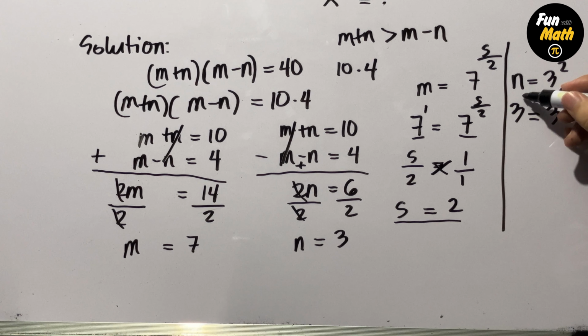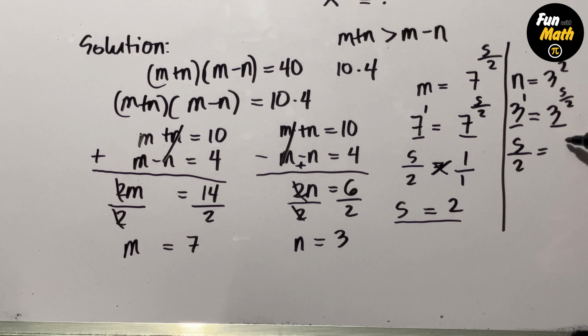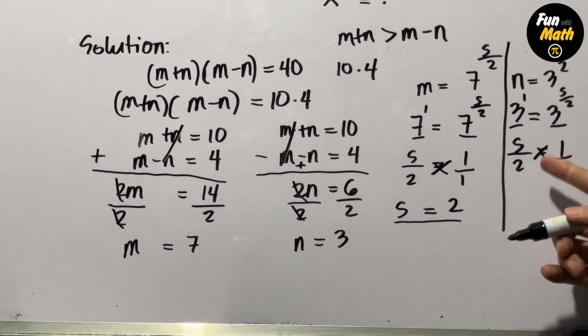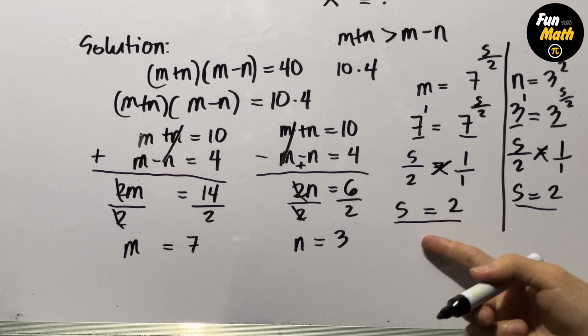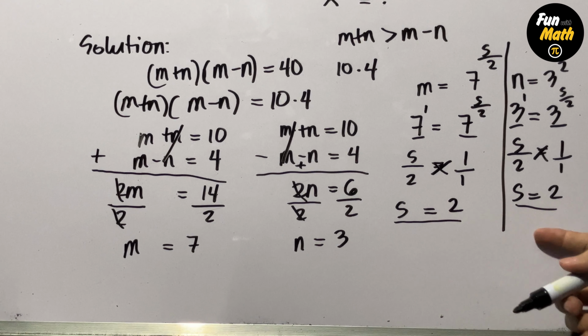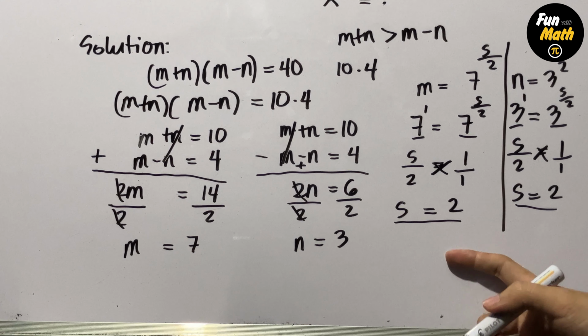Let's put the power of 1, so we can equate the power. And that is s over 2 equals 1. Put over 1 so we can cross multiply. s times 1, that is s, equals 1 times 2, that is 2. Now, they have the same value, which is 2. Now we can use only 2. So s is equal to 2.